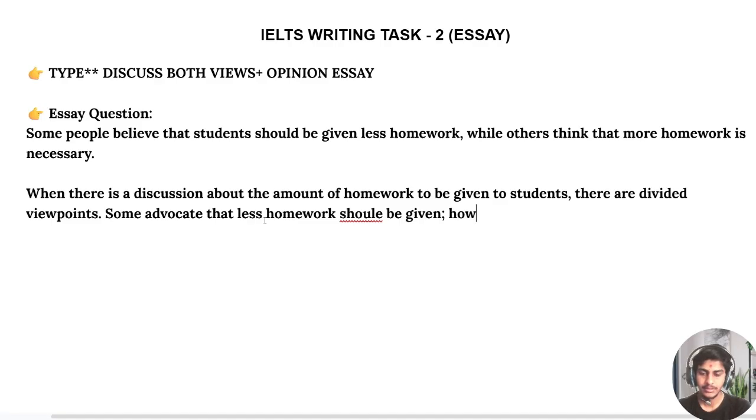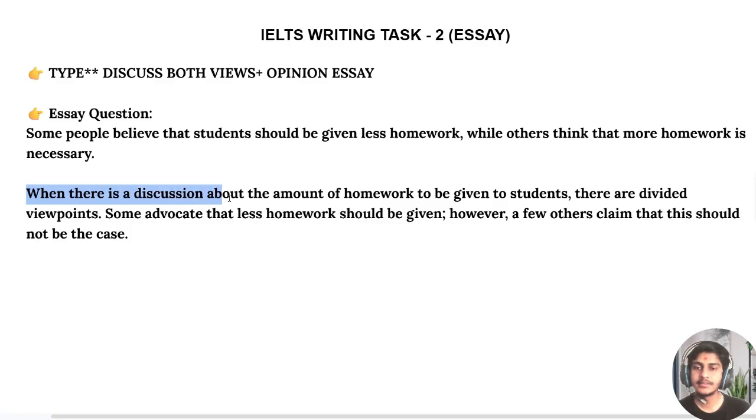However, a few others claim that this should not be the case.